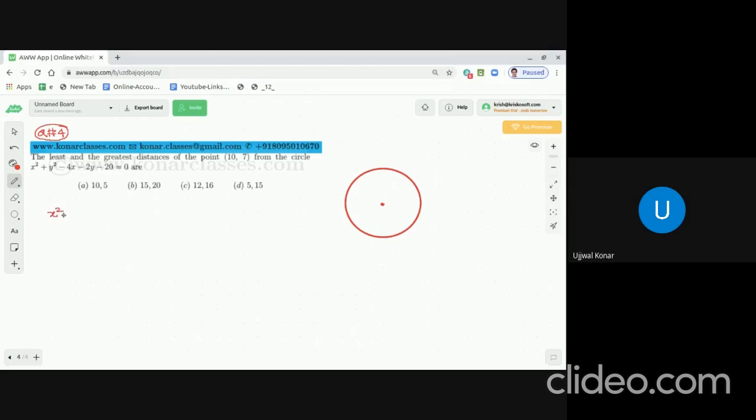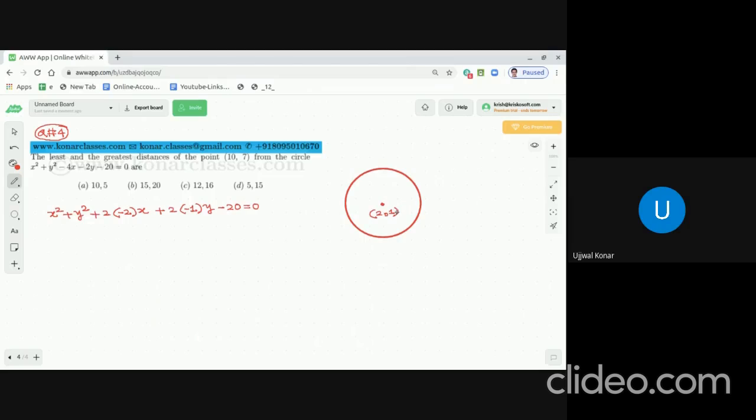It is x square plus y square minus 4x, that means 2 into minus 2 into x, plus 2 into minus 1 into y, minus 20 equal to 0. So what will be the coordinates of the center? It is (minus g, minus f), that is (2, 1). So the coordinates of the center is (2, 1), correct?